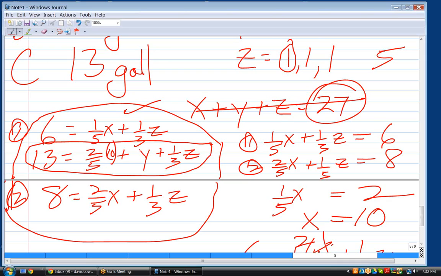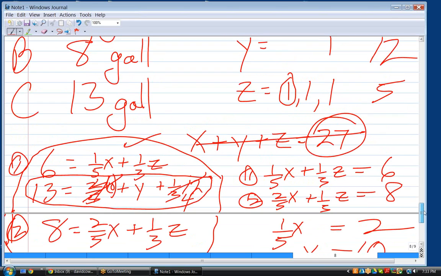Third of 12 is 4. I subtract both those 4's from the other side, I get y equal 5.